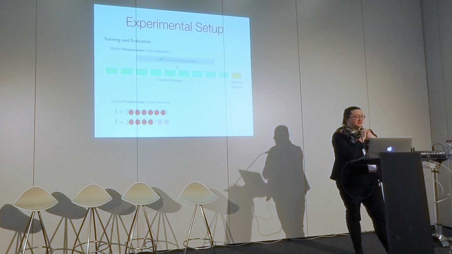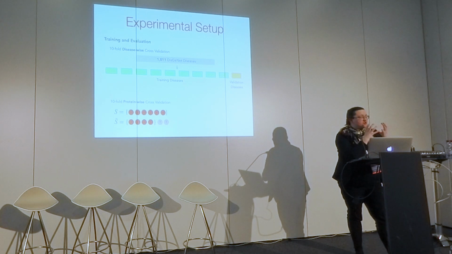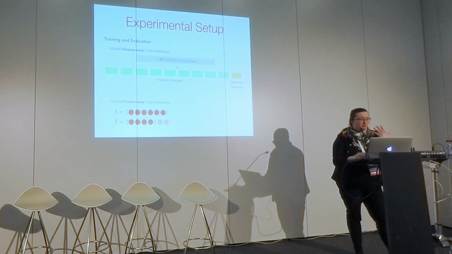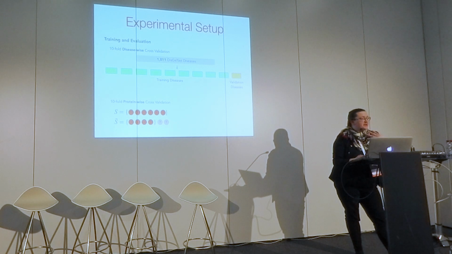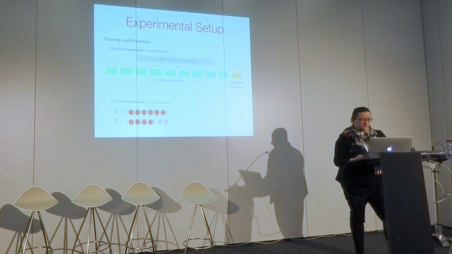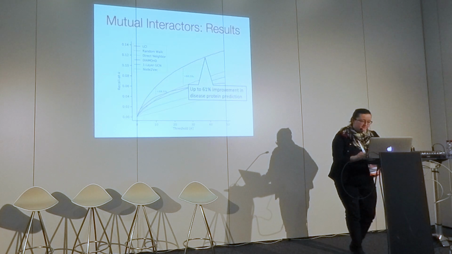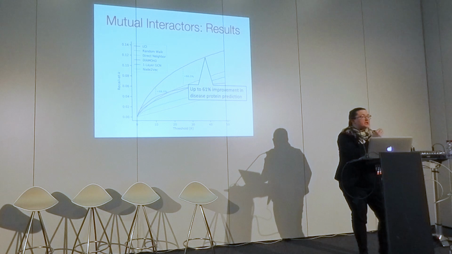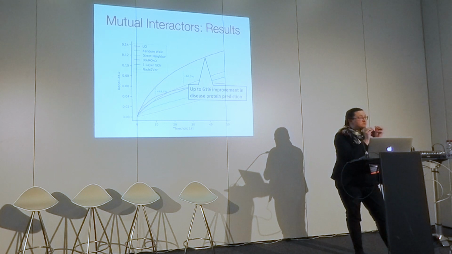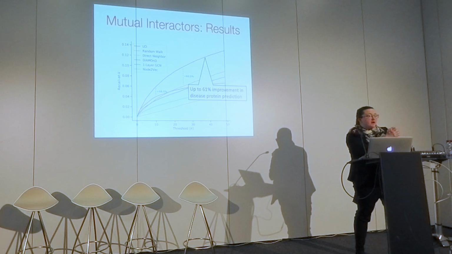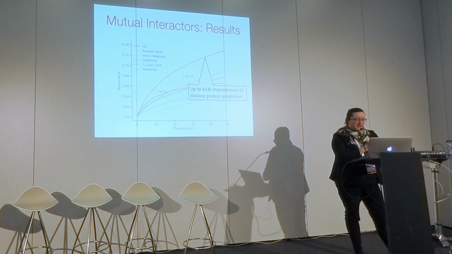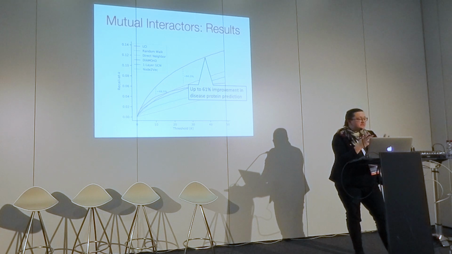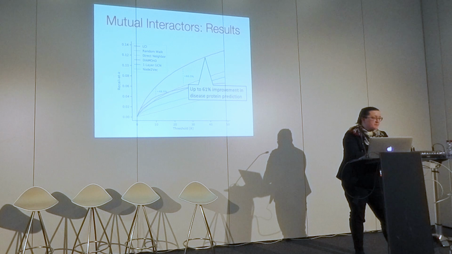And that's really a hard setting because it means that we want our methods to generalize to a molecule that the model has not seen any time before. So it turns out that if we operationalize the mutual interactors principle and use that as a similarity function for our embedding approach, rather than the direct neighborhood friendship principle, that immediately leads to a 65% improvement in disease protein prediction.